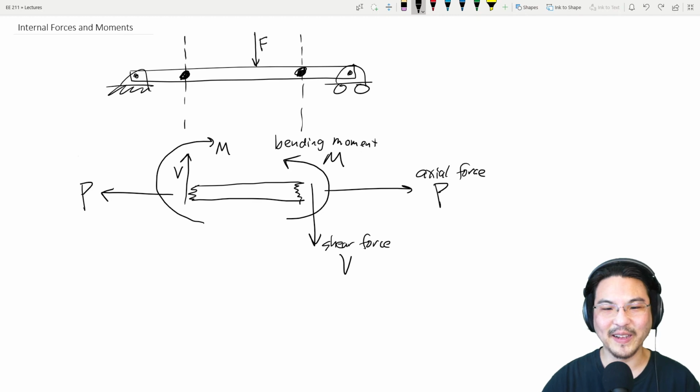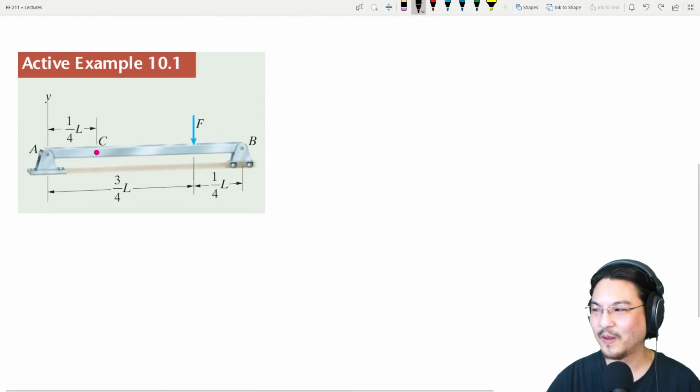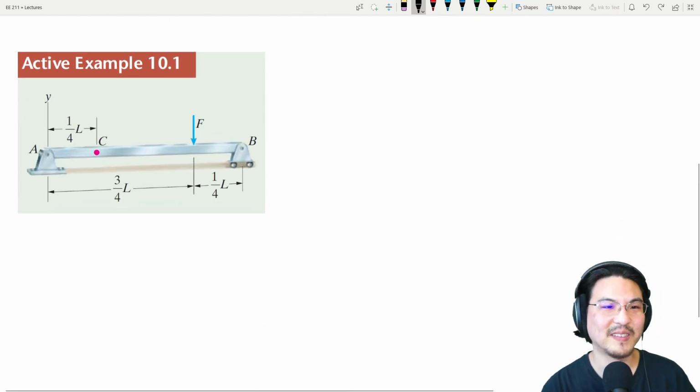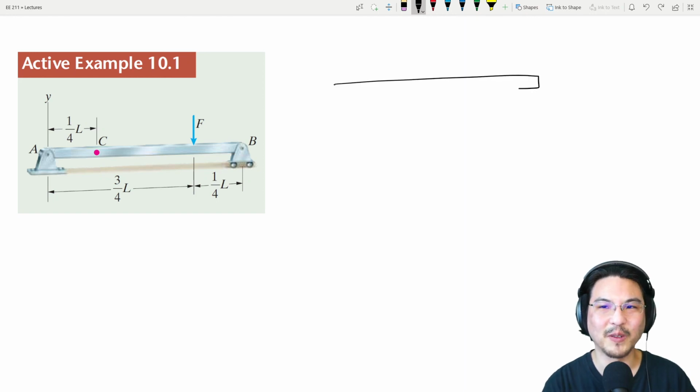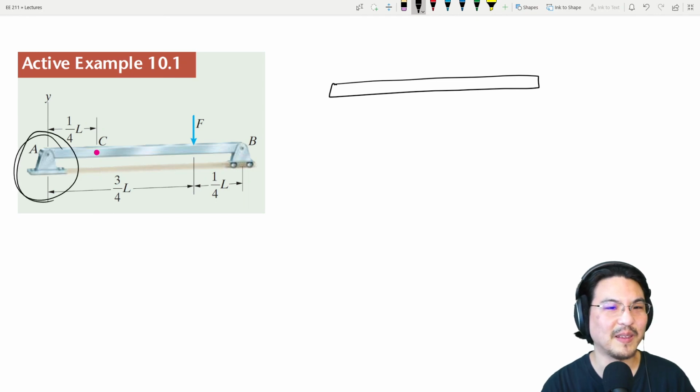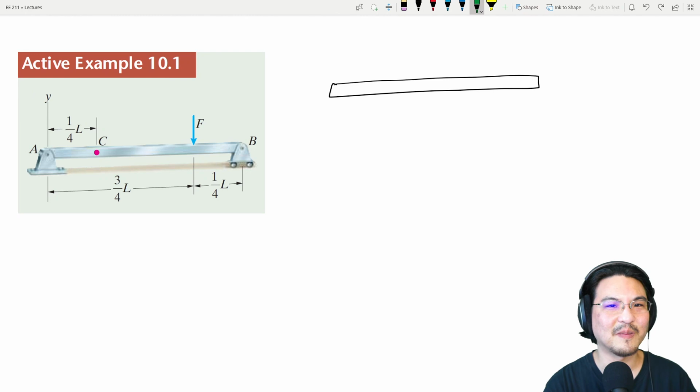Now, how do we actually solve for internal forces and moments? Here's a beam, and I'm going to draw the free body diagram. There's a pin at A, a roller at B, and a load over here. I'll draw a coordinate system like this.